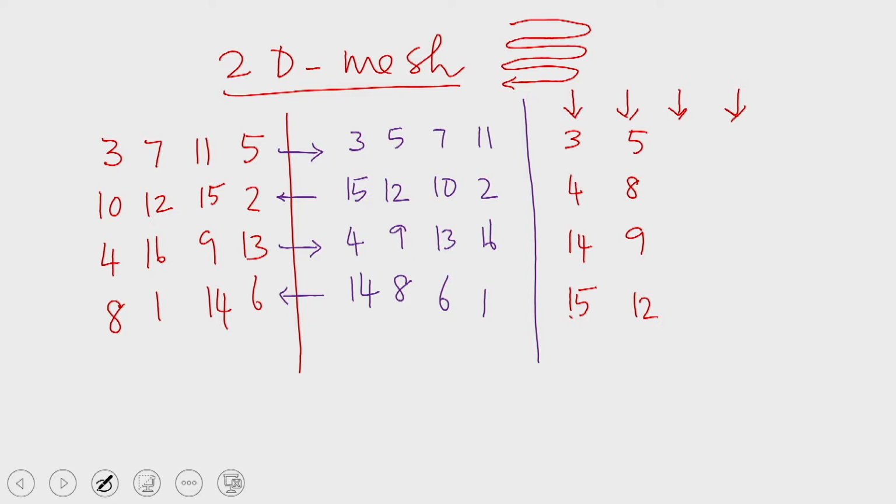In the third column we have 6, 7, 10 and 13. In the fourth column we have 1, 2, 11 and 16. And then once again we sort the rows. When the rows are sorted, we have 1, 3, 5, 6 in the first row, 2, 4, 7, 8 in the second row. The second row is sorted from the right to the left.